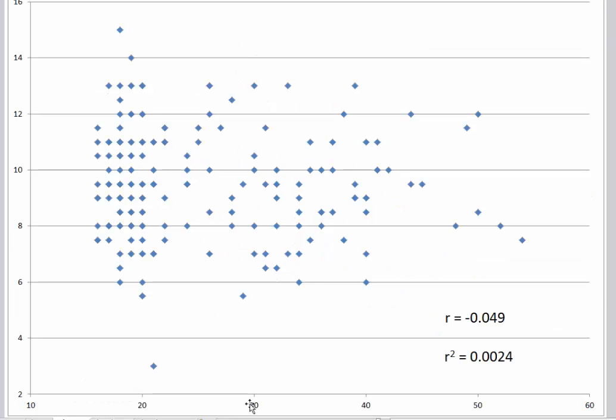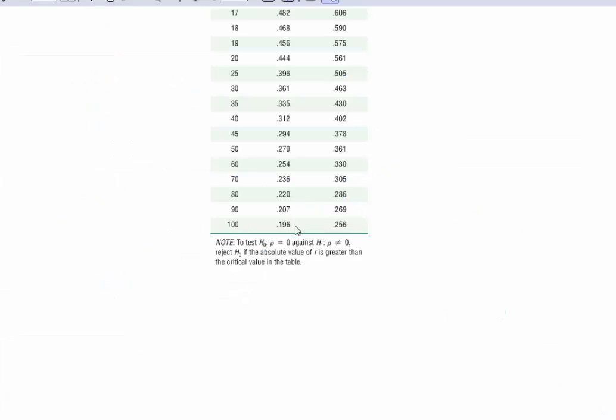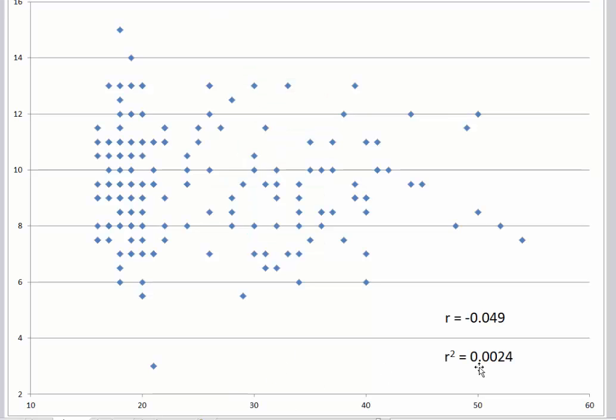And then we've got a last data set that looks something like this. Things just seem random. They're spread out, with no real pattern. We've got an R value of negative 0.049, relatively small. Again, our critical value is plus or minus 0.196, and this R is between those two. So we would fail to reject the null hypothesis, and there doesn't seem to be any evidence of linear correlation between these two variables.